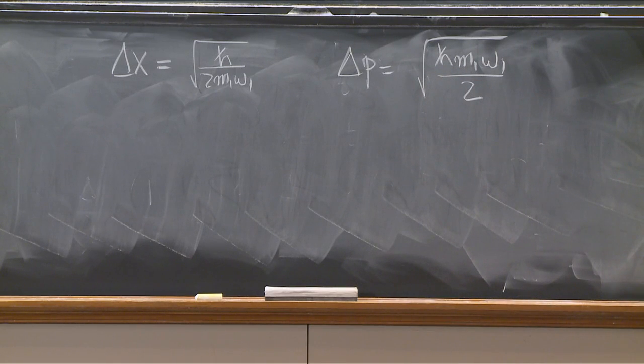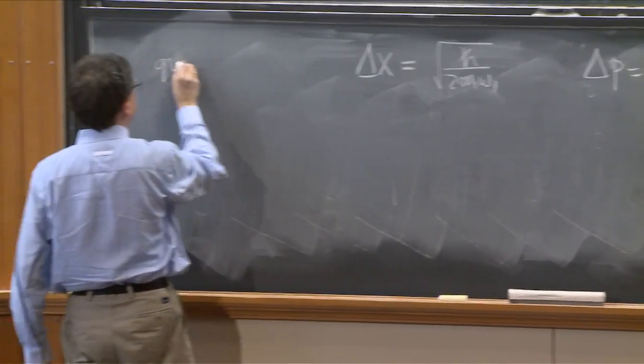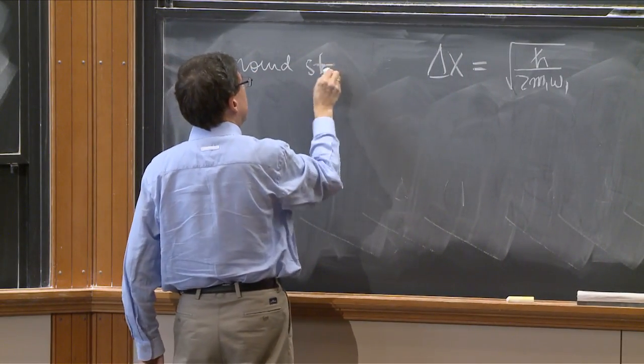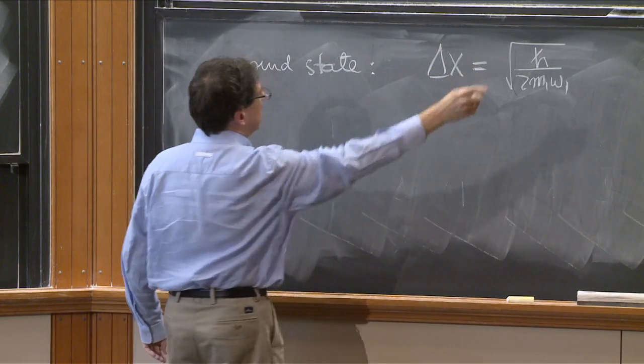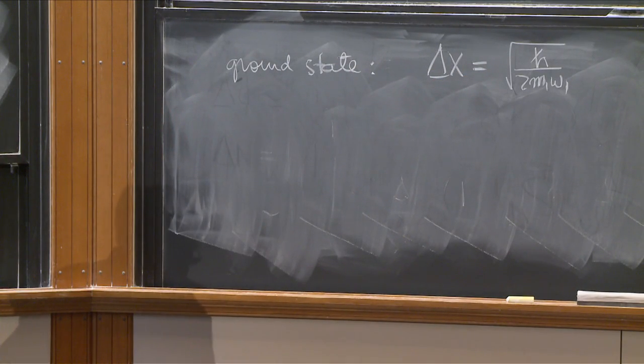And again, they saturate the bound if you have your ground state. These two uncertainties, the bound is saturated, all is good.